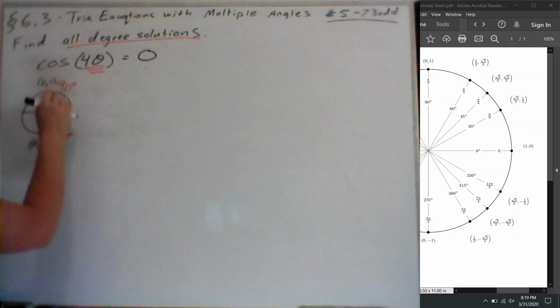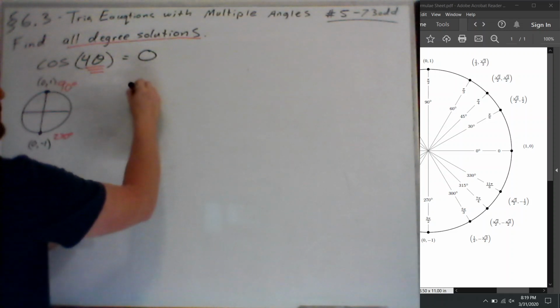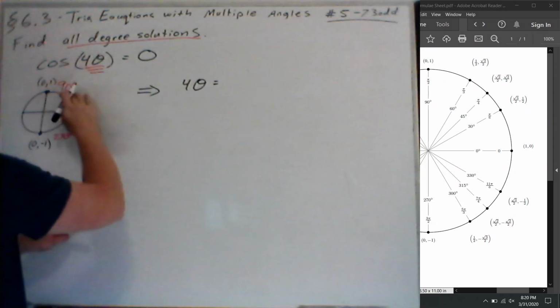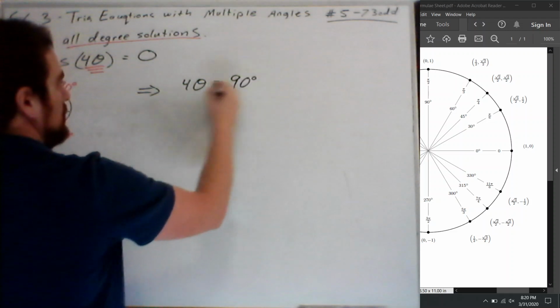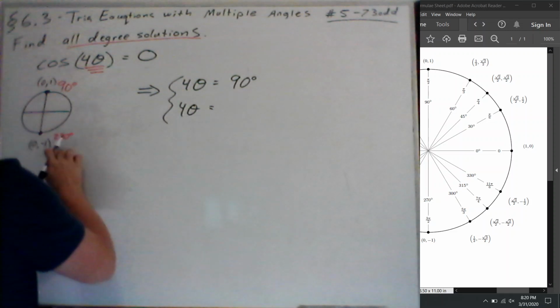So these are the two values that I want, but my function has 4 theta. So 4 theta must be 90 degrees, or 4 theta could be this 270 degrees.